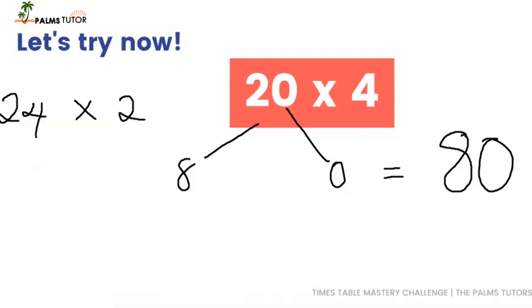So 24 times 2. 2 times 2, 4. 4 times 2, 8. So you have 48. This will also help you where you don't have to show workings. You can easily even scribble that in your book. So 24 times 2 gives us what?